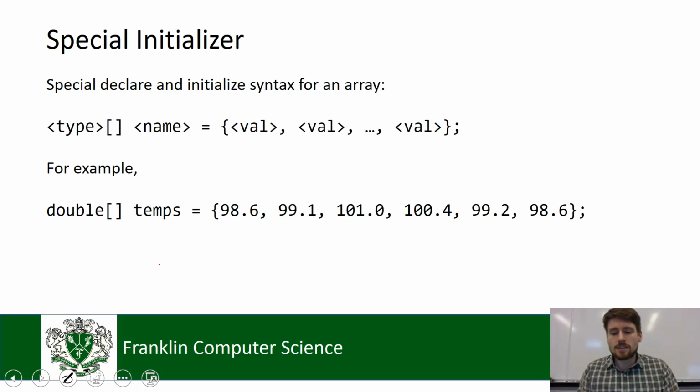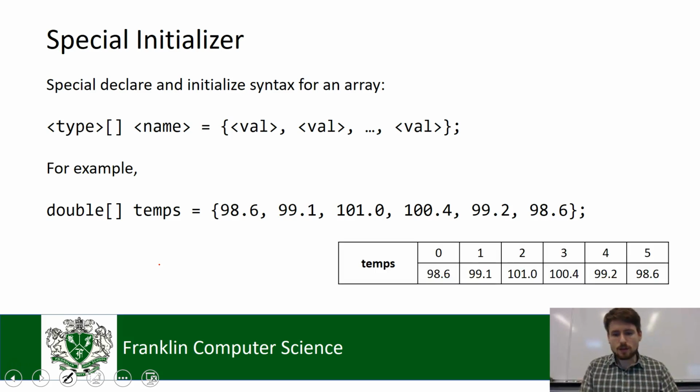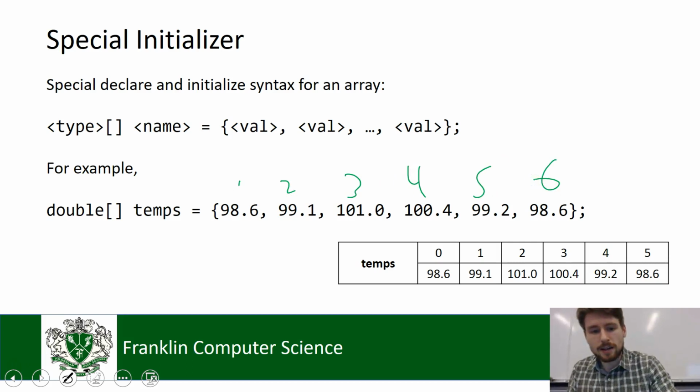So we can see this list of temps. You know, if I wanted to add another one to this, I could put a comma and then another value on the end. What this line of code would create space for, let's count them up, 1, 2, 3, 4, 5, 6 items. So there's 6 items in my list.